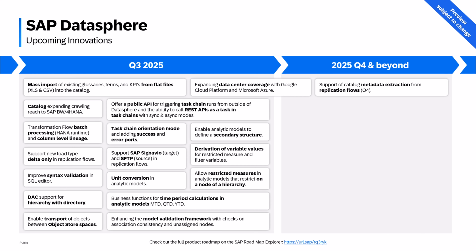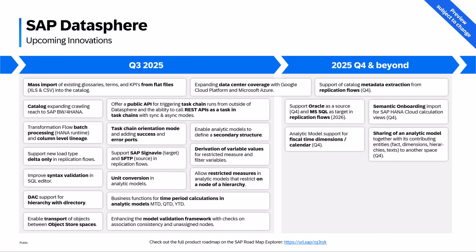There's more to come in the second half now. And also on the catalog side, we plan on enhancing the metadata extraction capabilities also for replication flows and its metadata. Also enhancing Oracle as an additional source in replication flows, and then in 2026 adding Microsoft SQL Server as a target in replication flows.